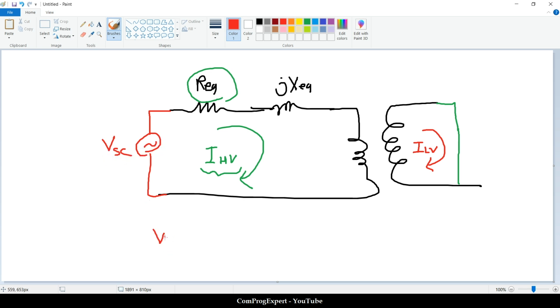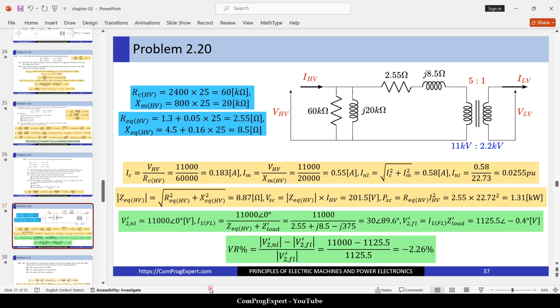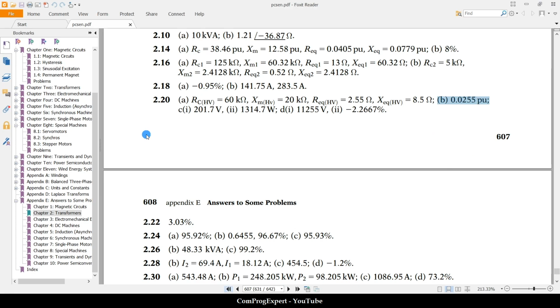The value of the V short circuit is the amplitude of the Z equivalent times this current. Okay, not too complex. It is equal to 201, this number for the part C.